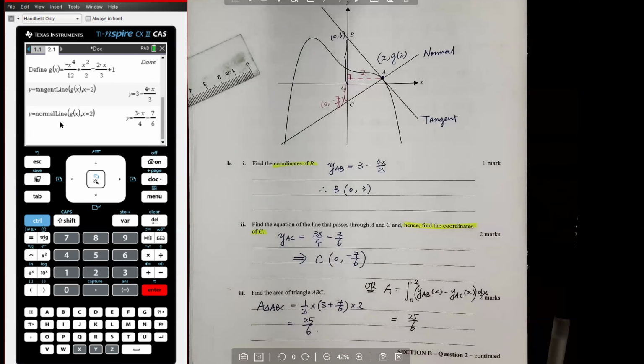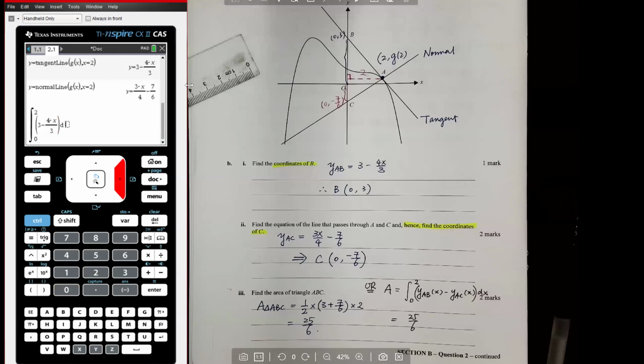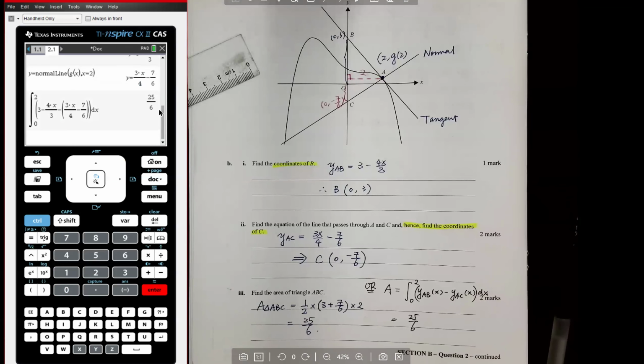So you can try your calculator, for example, shift plus integral 0 to 2. And the upper function is this guy, subtracting the lower function. But if you write the explicit formula instead of the generic formula here, make sure you put a bracket on the second piece, because if you don't, you might make a sign error, and the result will be slightly different and incorrect. So that will give you 25 over 6, okay? So that is the third part of part B, part B3.